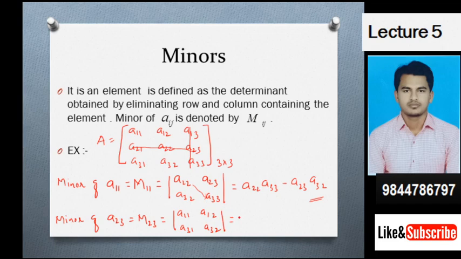Expanding the 2 cross 2, it is A11 A32 minus A12 A31. In the same way, find the minor of A22, A31 and A32 and calculate them.